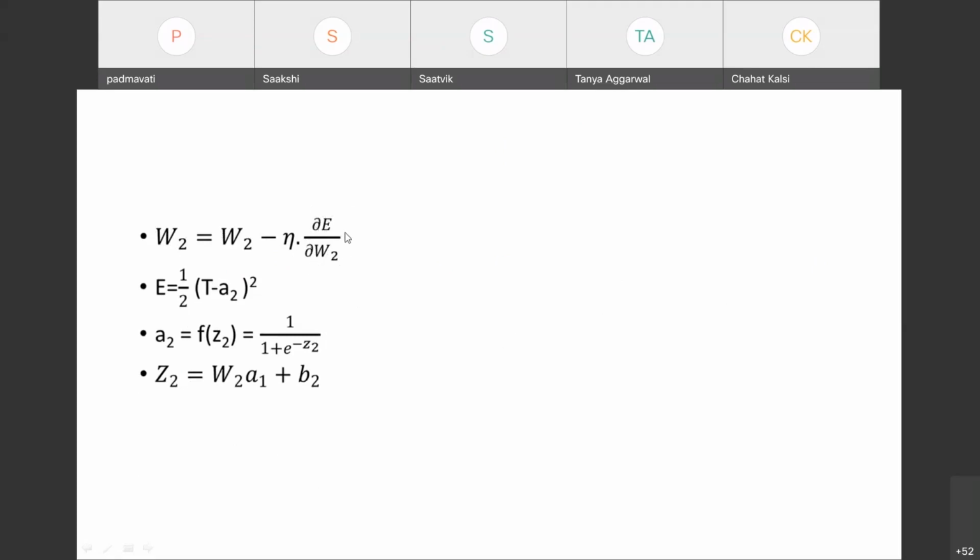Once we compute this value, we can get the updated W2. So let us see how we compute the derivative of E with respect to W2.